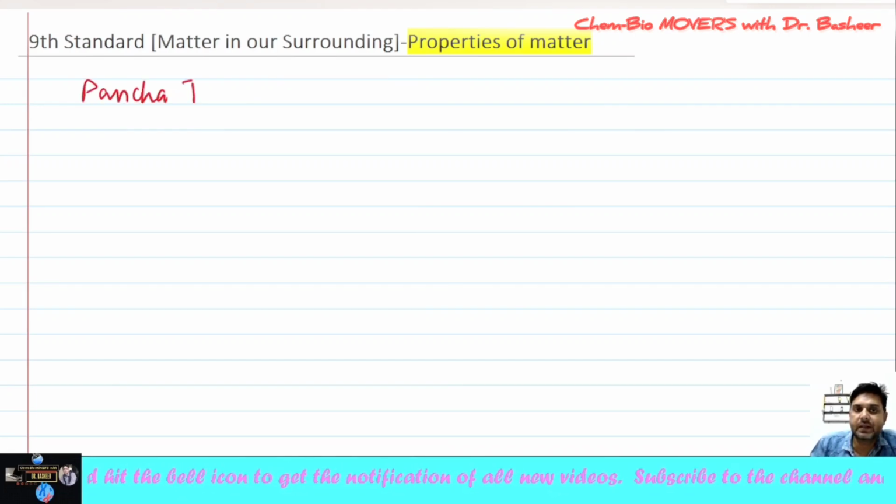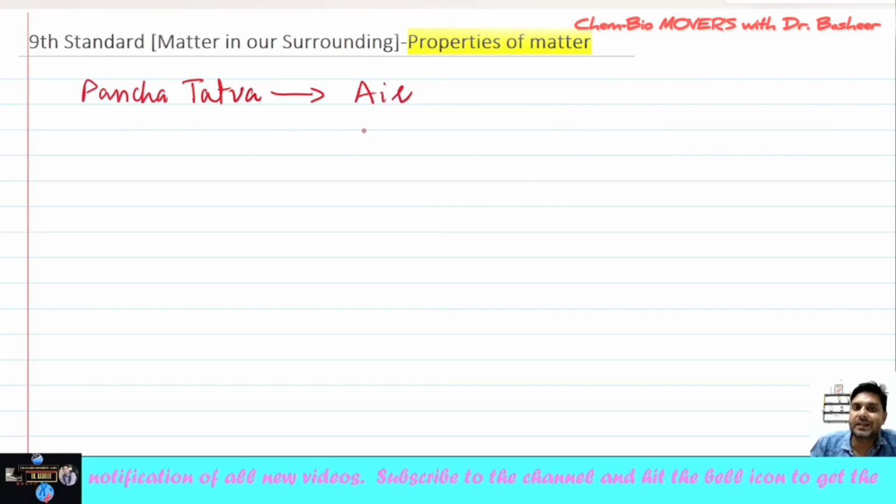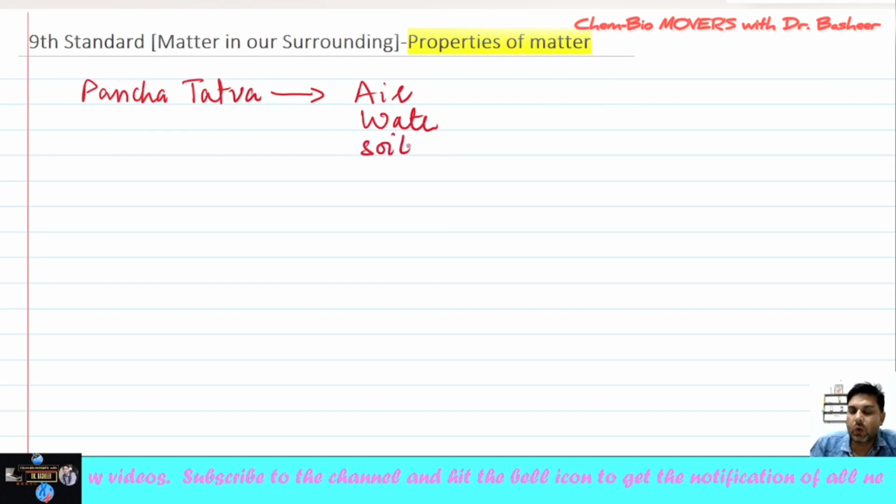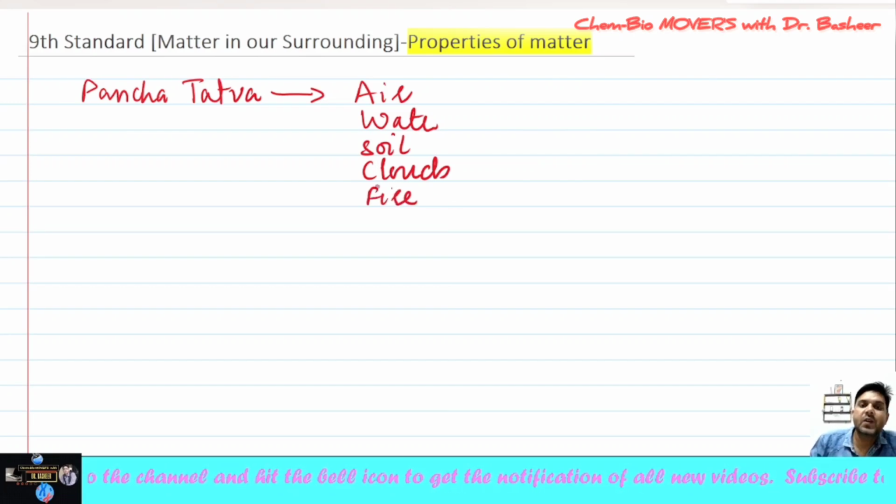Before we go to the properties of matter, I just want to clear the meaning of Pancha Tattva. I have given examples related to the Pancha Tattva: one is the air, second the water, third the soil, fourth the clouds, and fifth the fire. See why I am saying these five.